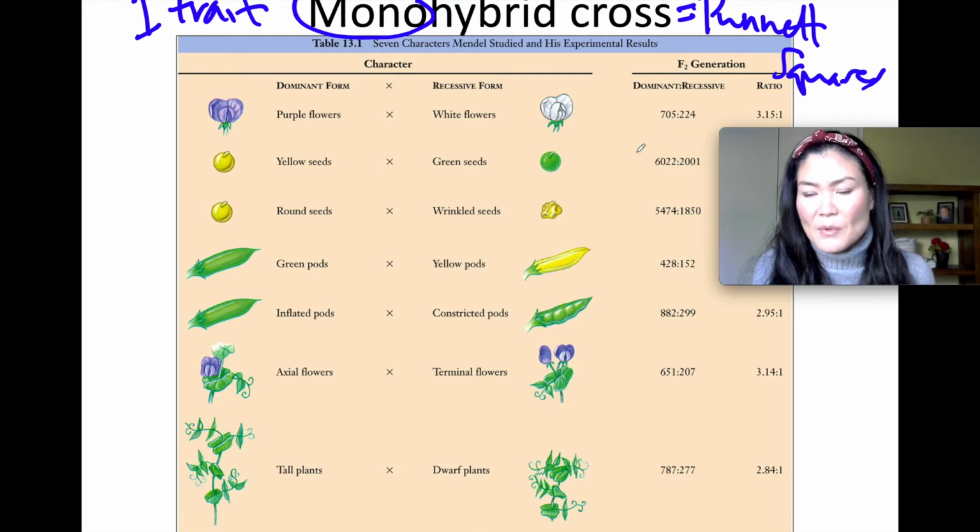And the numbers found in this table, which I believe is in your textbook as well, are literally the number of plants or flowers that he counted.